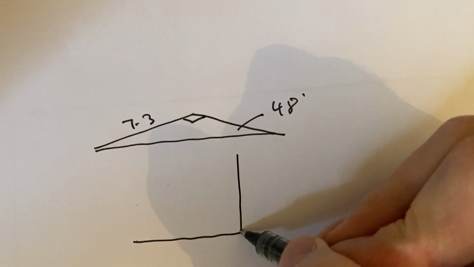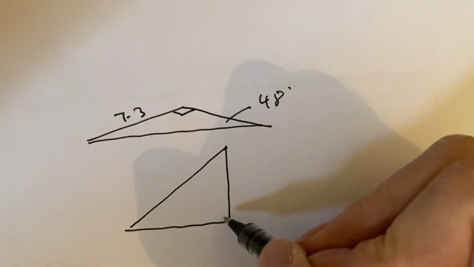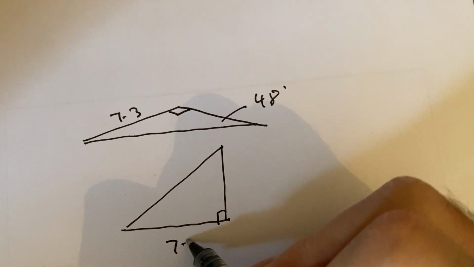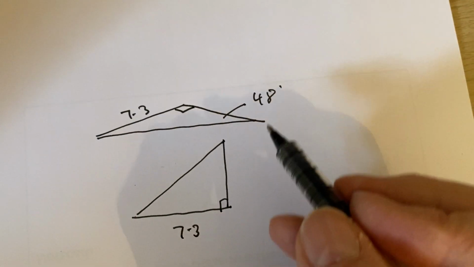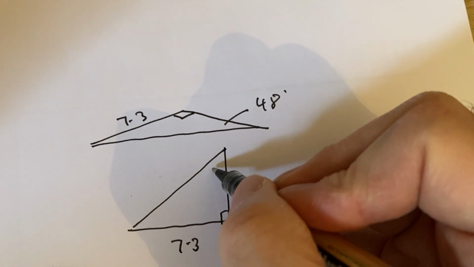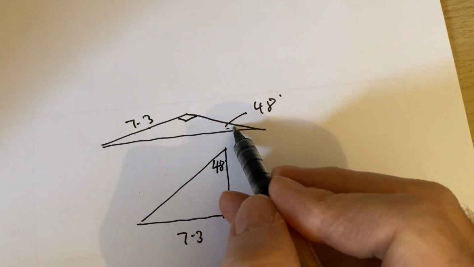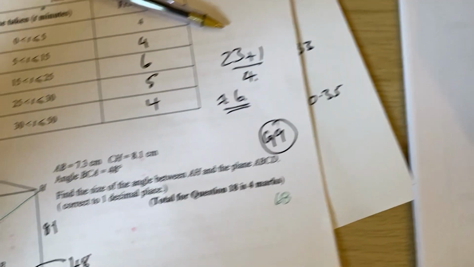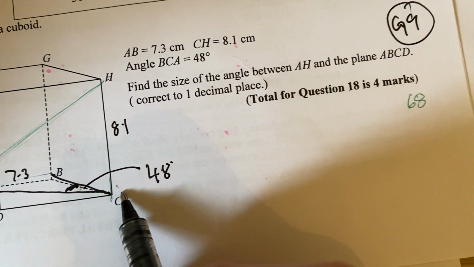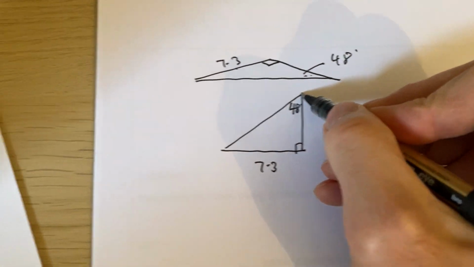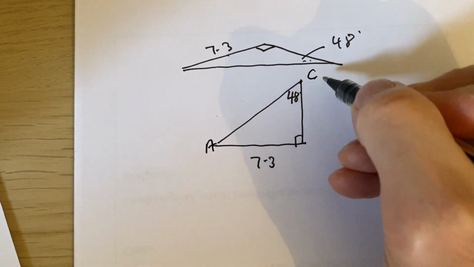So that's your 90, 7.3. So I'm lifting the shape up. If I'm lifting it up, I can see that that must be 48 degrees there, because it's opposite that angle there. Now what do I want? I want that long side there. So I want the hypotenuse, this length here, which is called AC.